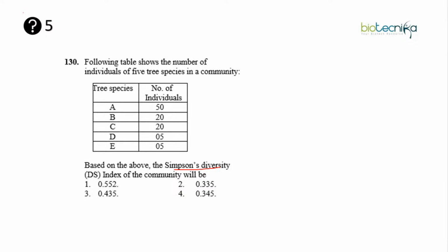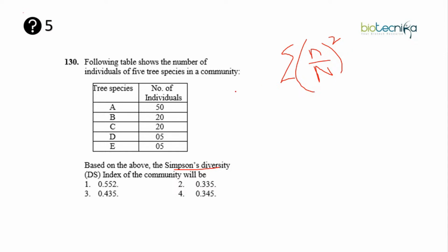Pi square, yeah, pi square for each, right? So it is actually summation of n by capital N whole square, right? So n by capital N is actually the pi. If I draw the similarity with the Shannon index, then pi was that individual divided by total, or relative abundance, basically. Abundance divided by the total abundance gives you the relative abundance. So this is actually relative abundance square.